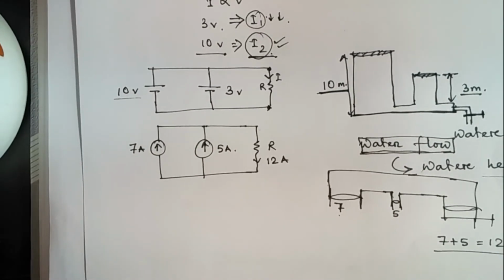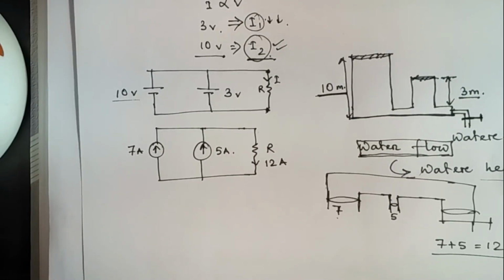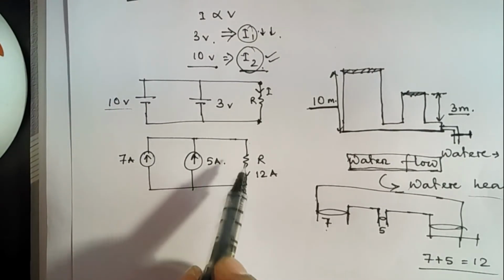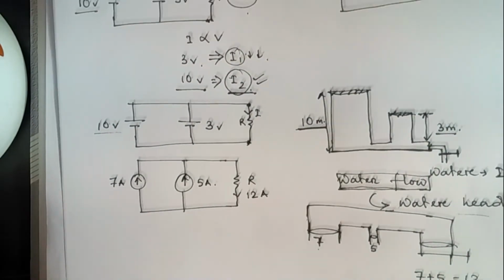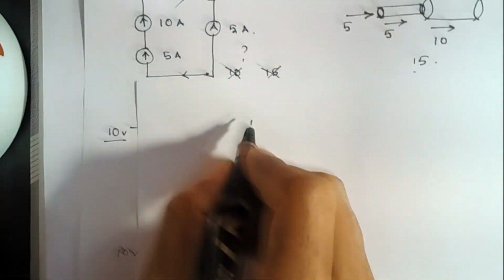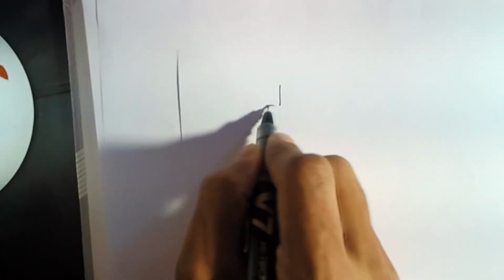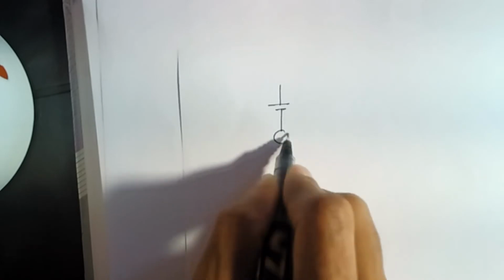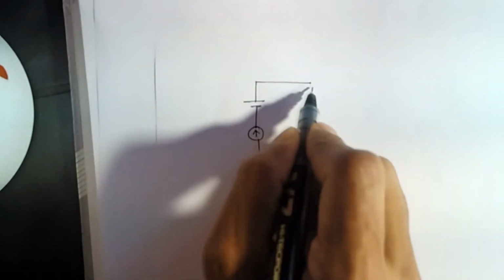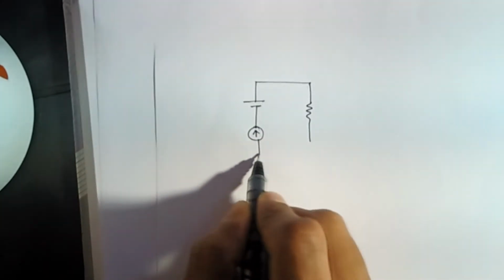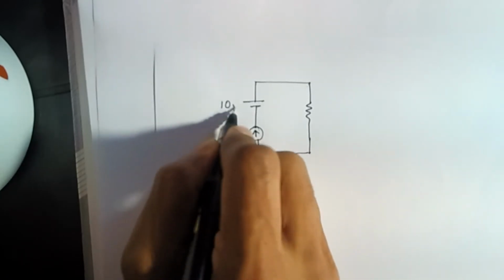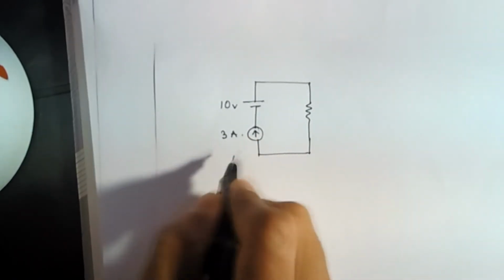So these are some issues whenever we only consider a current source or voltage source. What if we connect a voltage source and a current source in series together? This one is 10 volt and this is 3 amps.